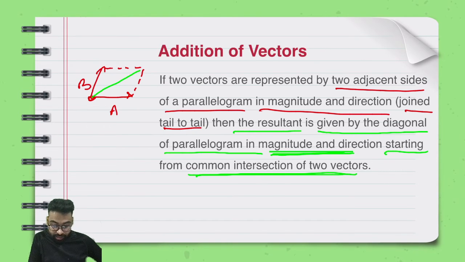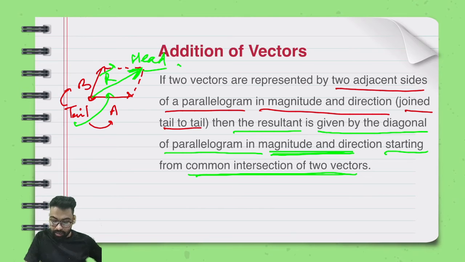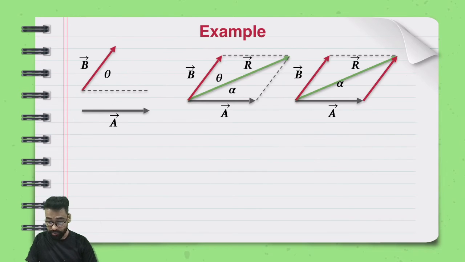This means that this tail of B and tail of A is also going to be the tail of the resultant vector R. The other side is obviously the head of that resultant vector R, and you can draw this out very easily, right? You take two vectors, you join them tail to tail, you draw a dotted parallelogram, and you get that common diagonal to be your resultant, with the common tail as the tail of the resultant as well, right?